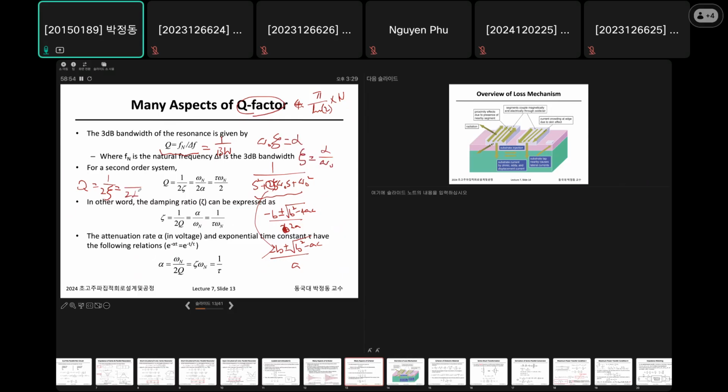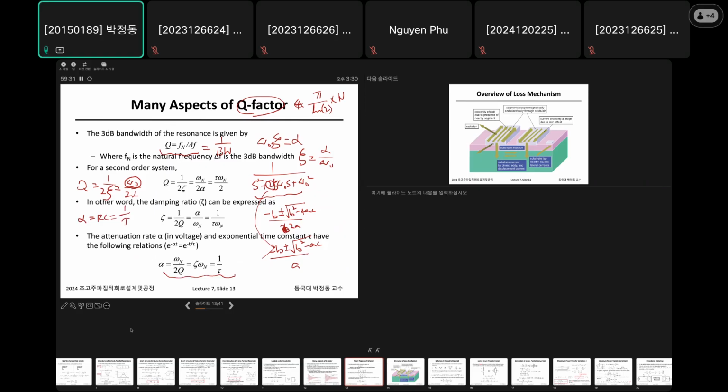Omega 0 is the natural frequency of oscillation. For an RC network, alpha is 1 over RC, which is exactly 1 over tau. So you get this result.